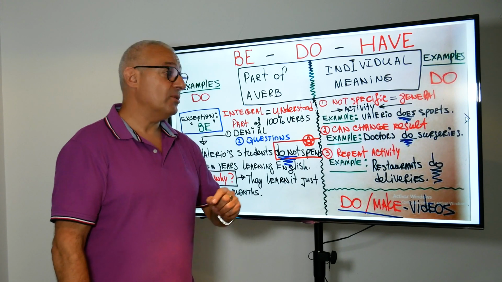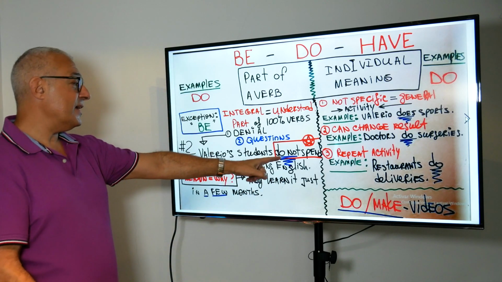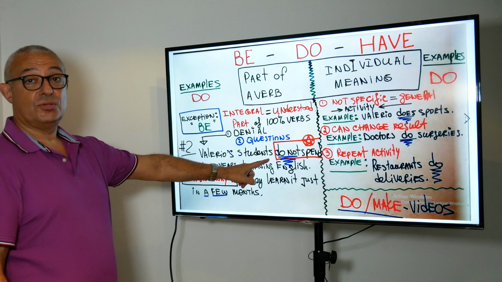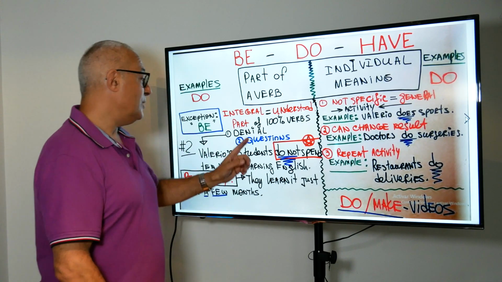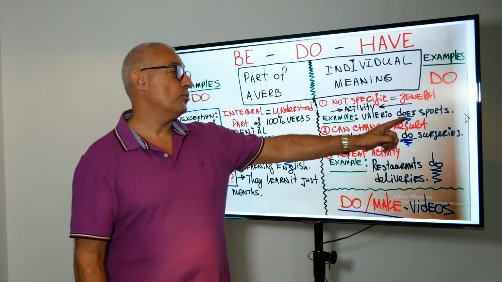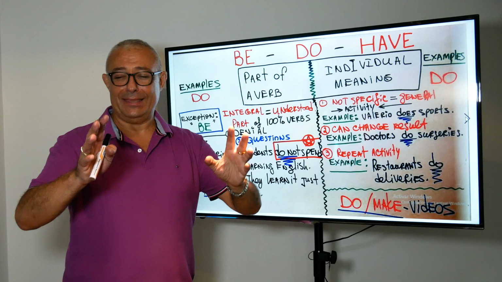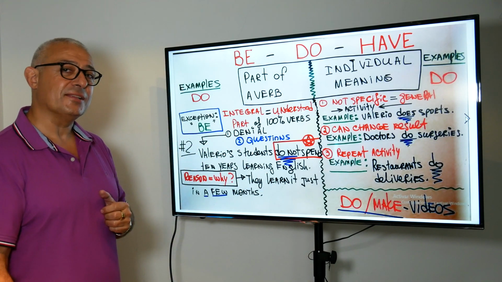Well, it's very interesting, because does refers to only Valeria. And in this case, do refers to students, a plural case. Anytime you have two or more, you have to use do in its original format instead of does. And you say, well, okay, but why do Valeria's students not spend 10 years learning English?